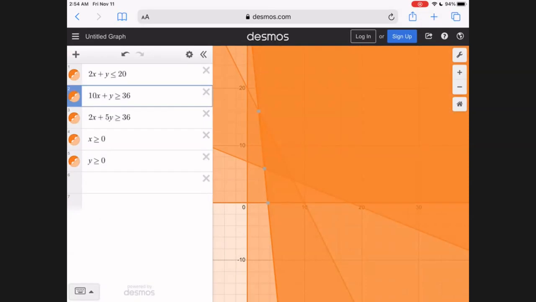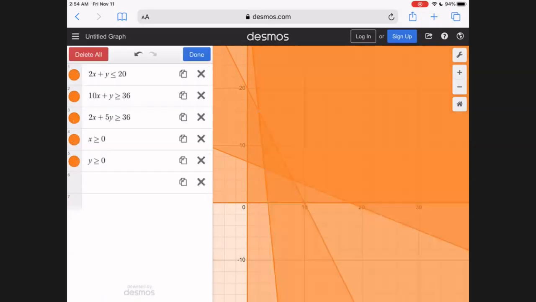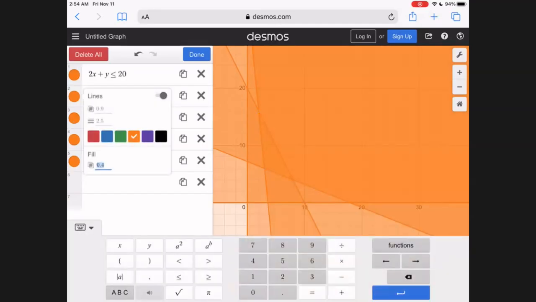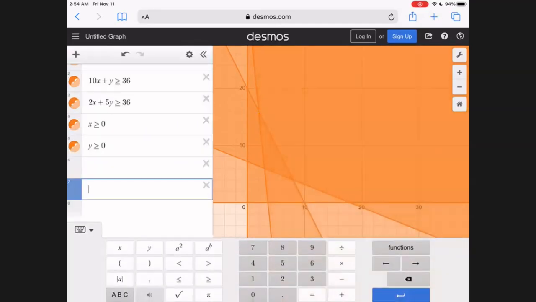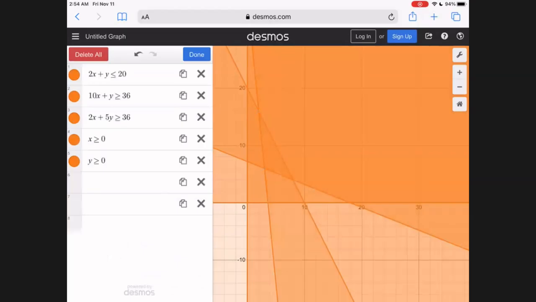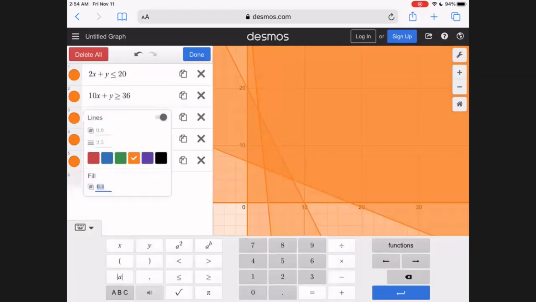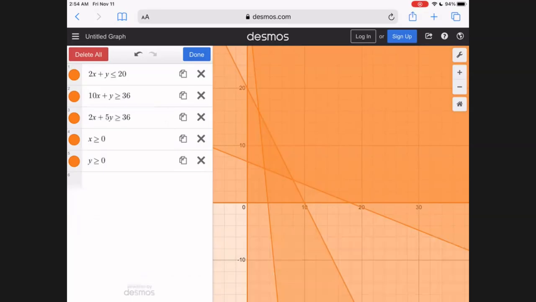Let's change the fill to be a little bit smaller. I'm just clicking on it, making the smaller value. And hopefully you can see.